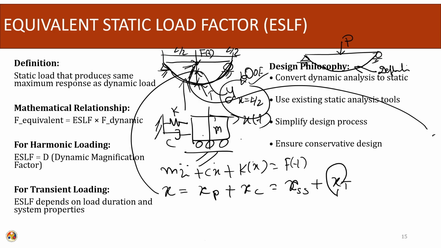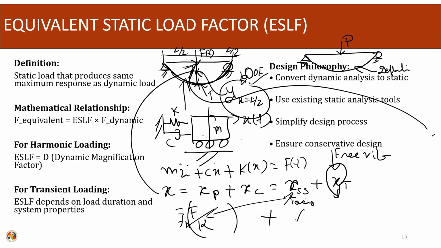This will be the signature of the system in free vibration, and this other term corresponds to the signature of the system corresponding to a forcing function. So, this will be a function of the forcing function and the stiffness, and this will be a function of omega of the system and the associated damping.